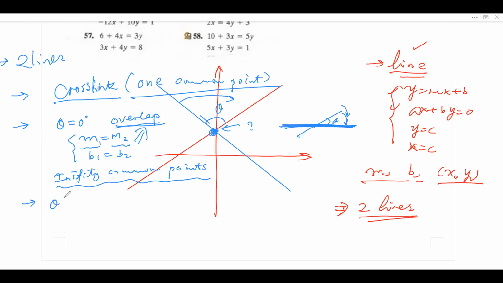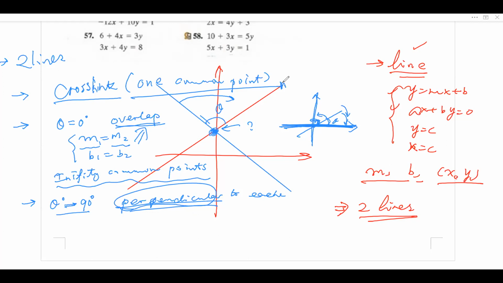When the angle turns around and becomes exactly 90 degrees, we call these two lines perpendicular to each other. One line and the other line have 90 degrees between them. Suppose this is the slope of line 1 and this is the slope of line 2. What's the relationship between them?